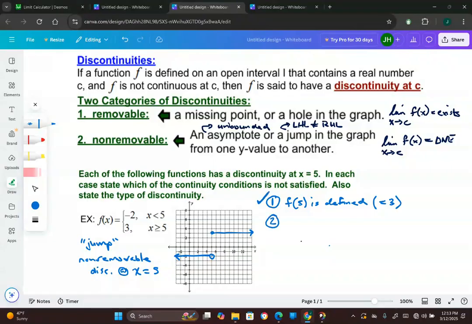Now, part 2, we also have to have the limit as x approaches 5 of f of x exist. Well, guess what? It does not exist here because the left-hand limit, which is -2, does not equal the right-hand limit, which is 3. So part 2 does not happen. This has a discontinuity at 5. It is a non-removable discontinuity at 5.